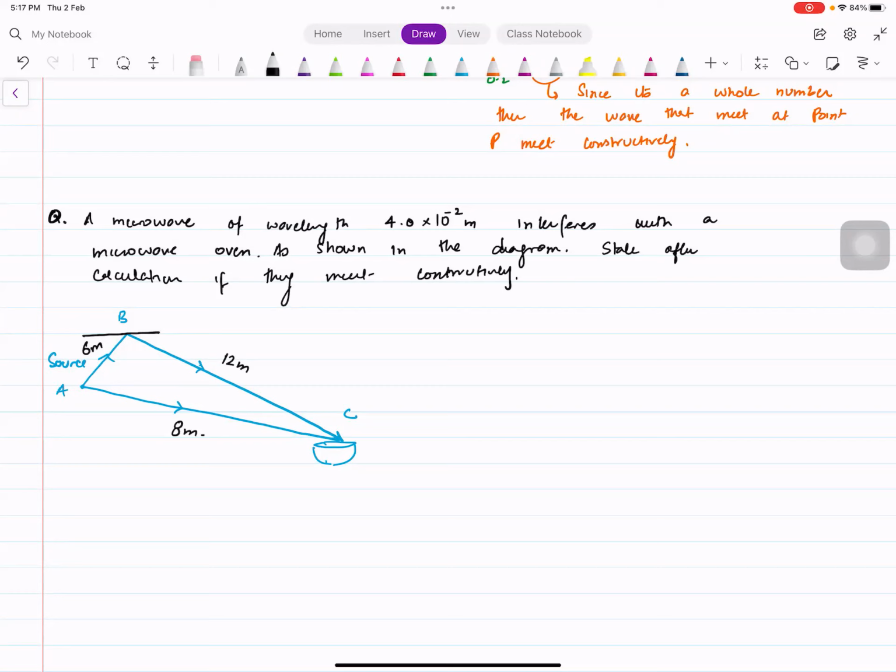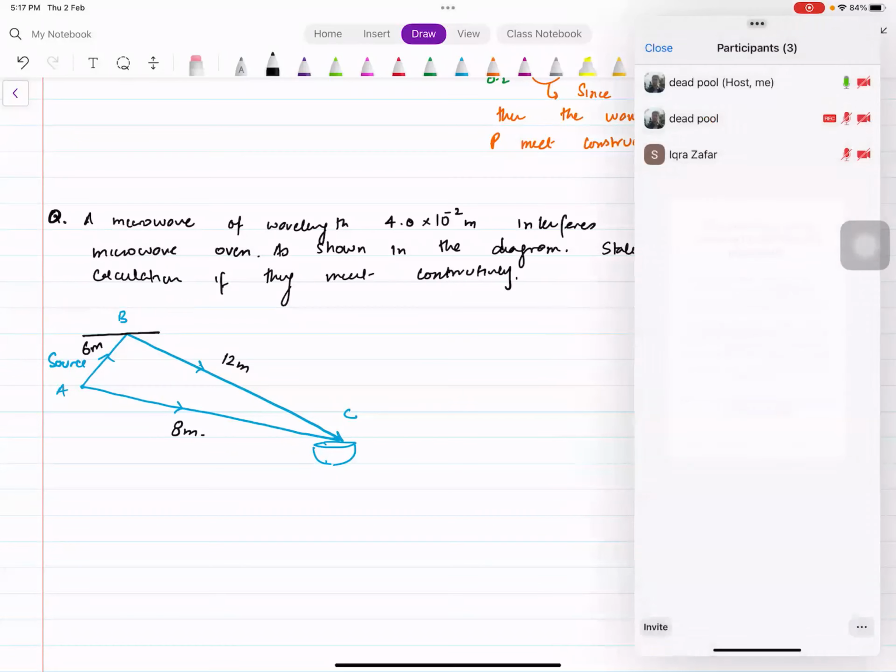So, Ikra, can you please find the path difference first and see if it's constructively interfering or not, or destructive. Please go ahead.